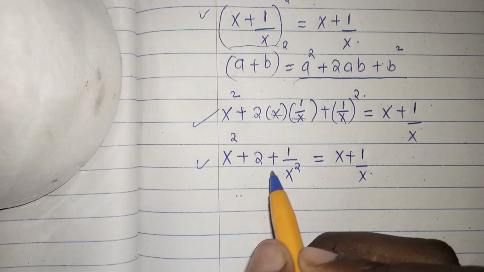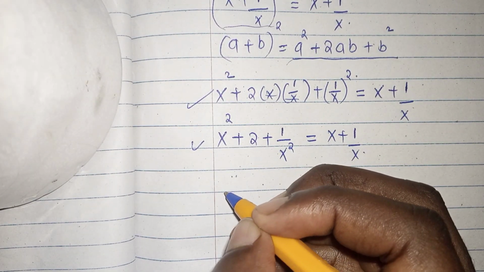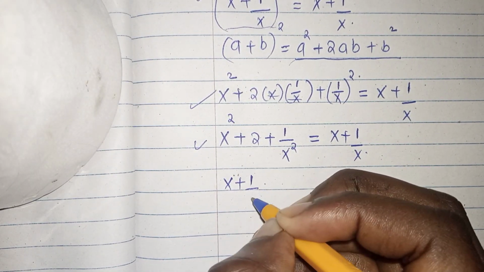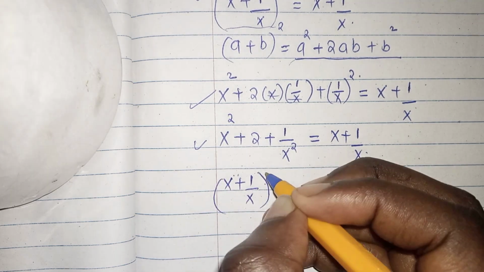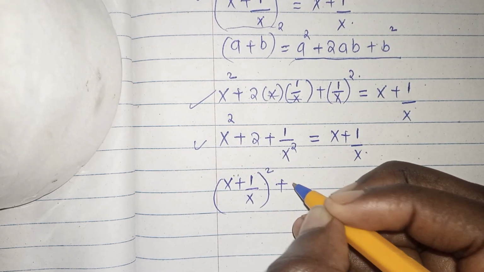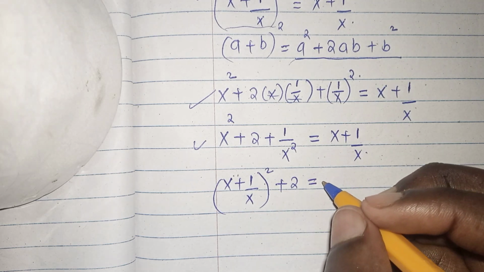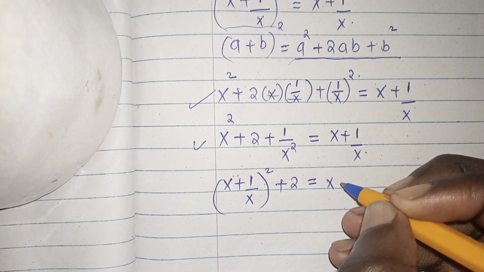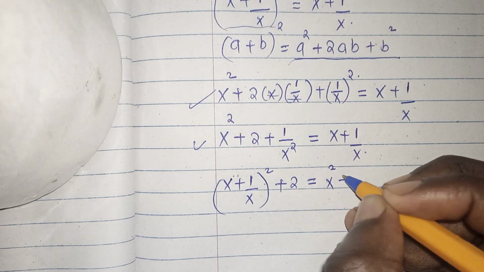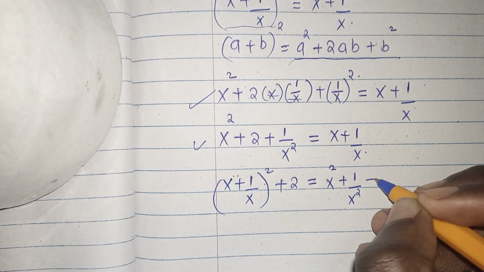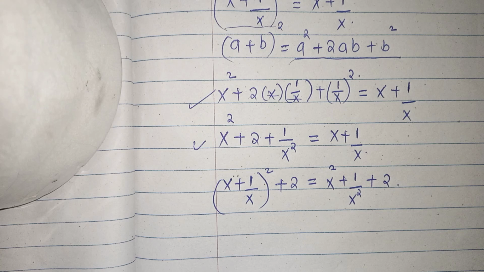So this we can still write it as, so this will be x plus 1 over x, all this squared, plus 2, so this 2 here is equal to, so this we can still write it as x squared plus 1 over x squared plus 2.